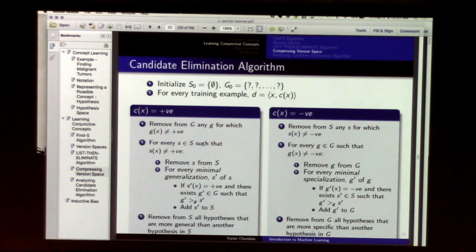Because the reason your most specific boundary contains all those hypotheses which are consistent with your training data, right? Which would accept all the positive examples and reject all the negative examples. So if at any case you are left with no hypothesis like that in your S, that means there was a mistake in the data itself.